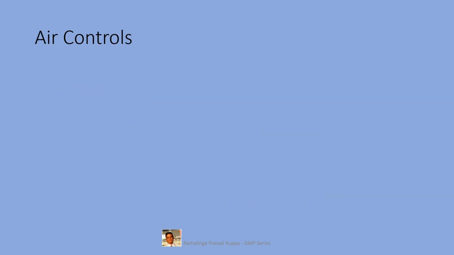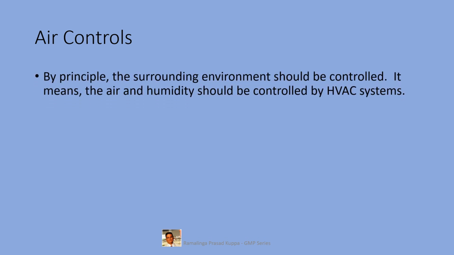Let us see air controls. By principle, the surrounding environment should be controlled. It means the air and humidity should be controlled by HVAC systems. By now we have a good understanding of the basic principles of HVAC systems. Let us now look into the air controls.